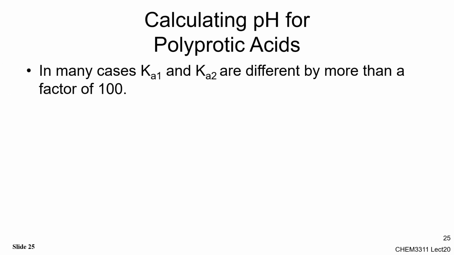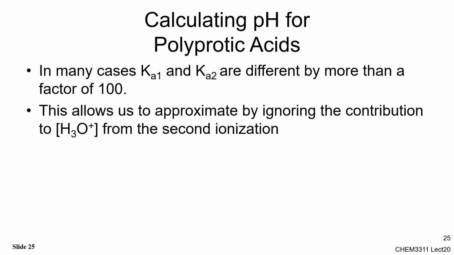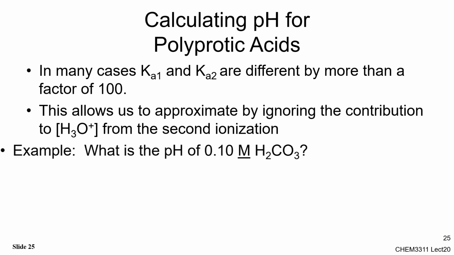Now, in many cases, Ka1 and Ka2 are different by more than a factor of 100. If that's true, we can treat them as two separate equilibria instead of having to work with them as linked equilibria. This allows us to approximate the hydronium ion concentration in solution by ignoring the second ionization and treating the material as though it were a monoprotic acid.